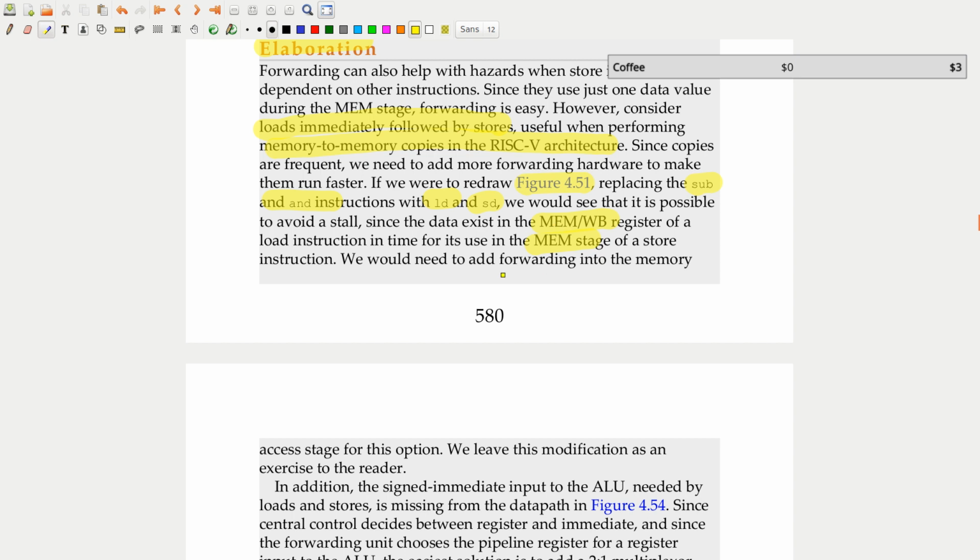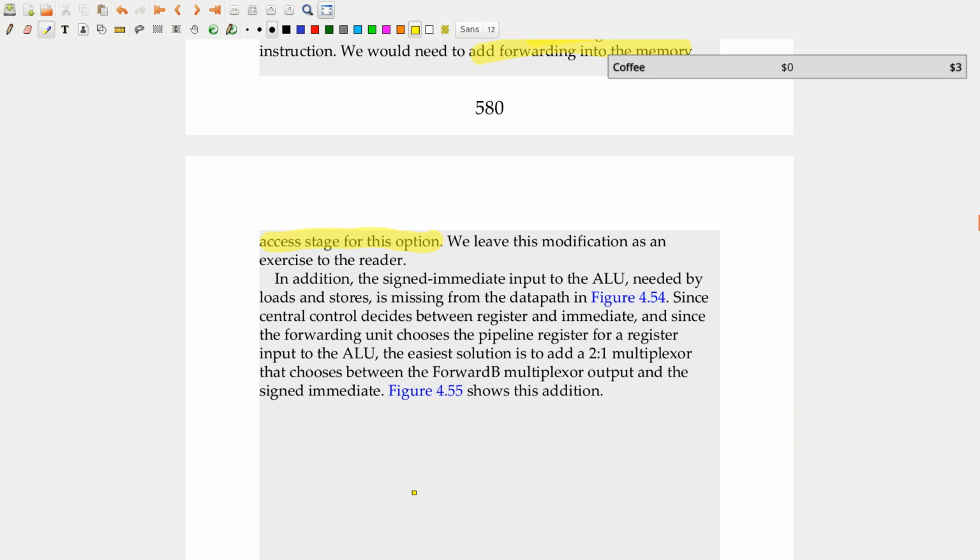We would need to add forwarding into the memory access stage for this option. So they do my favorite thing that is oftentimes left in research papers where they don't want to have to write this all out, so they say we leave this modification as an exercise to the reader. Aren't they just grand?